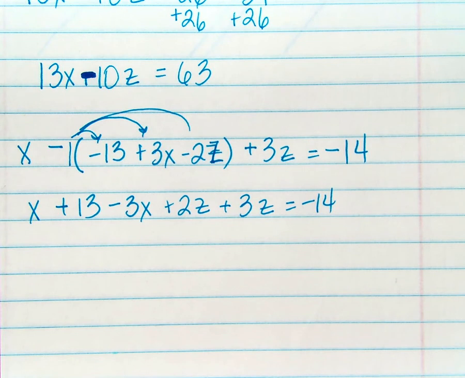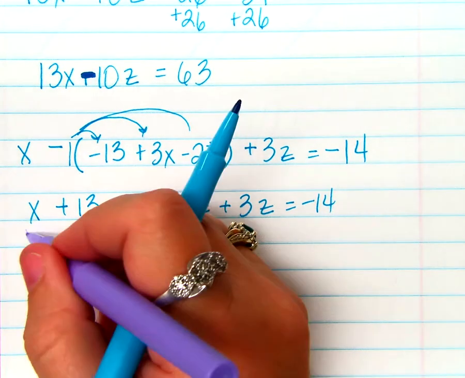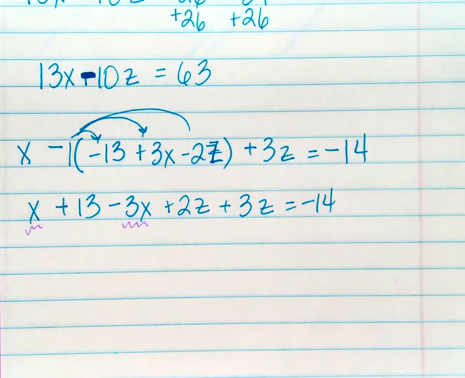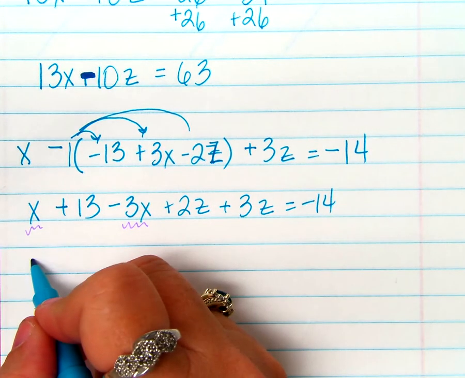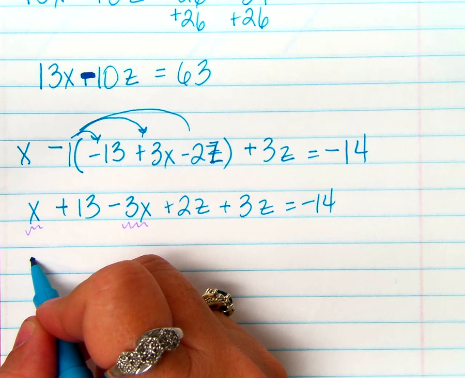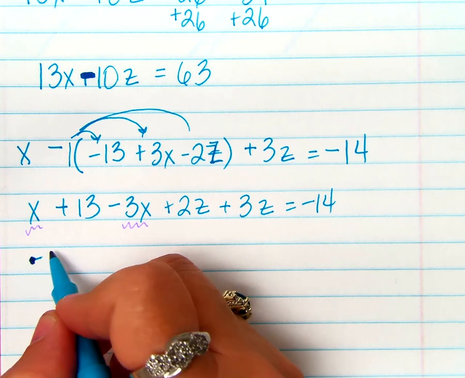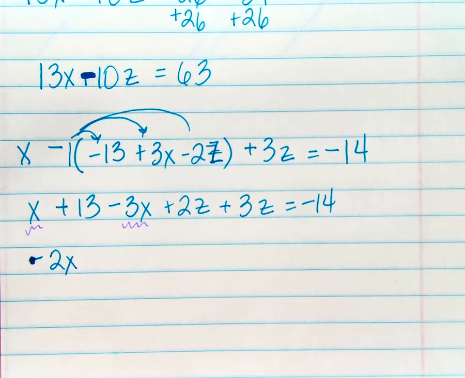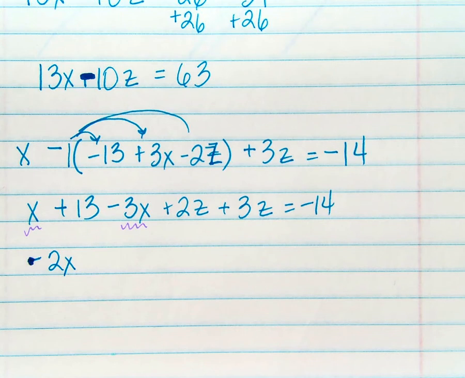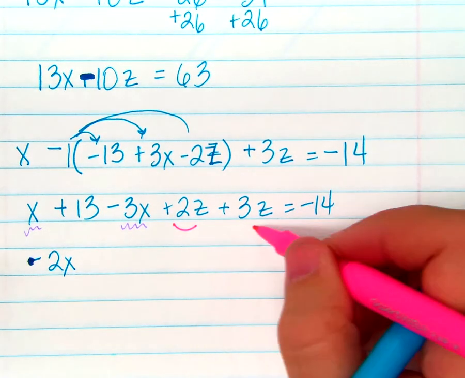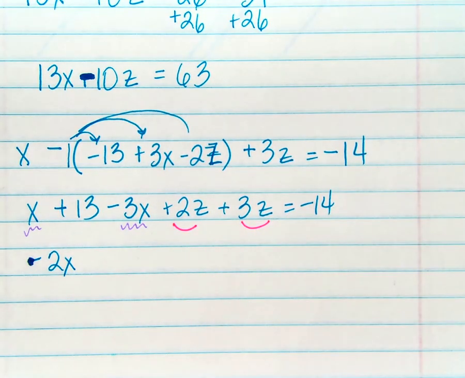You okay so far? What can I do with this? Add my like terms. I got an x and a negative 3x. Negative 2x. Then I've got a 2z and a 3z, 5z.